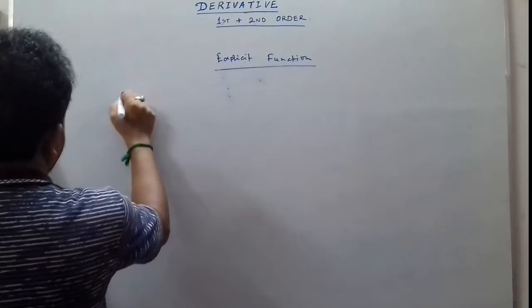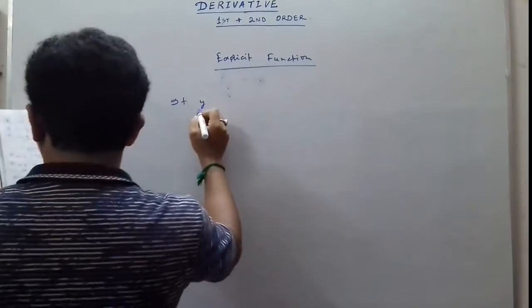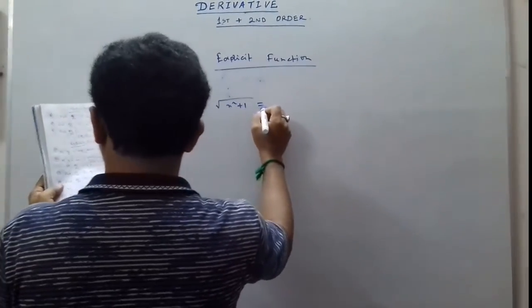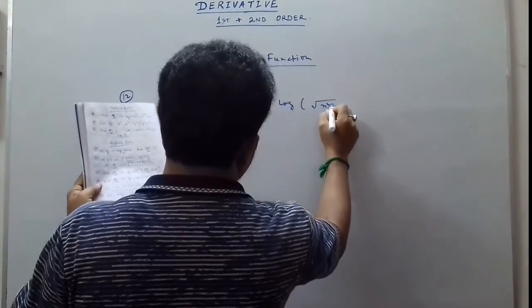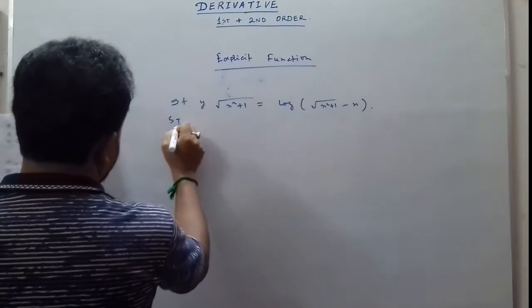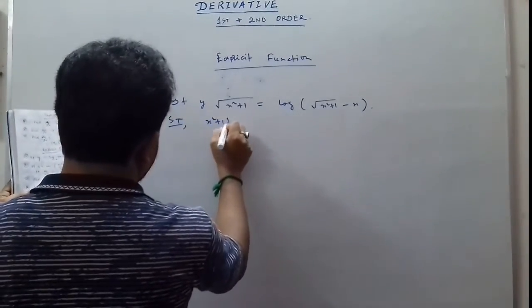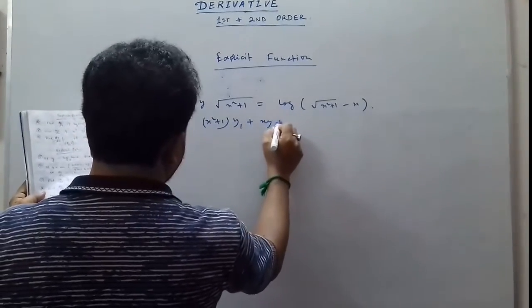If y into root over x square plus 1 is equal to logarithm of (root over x square plus 1 minus x), show that (x square plus 1) into y1 plus xy plus 1 is equal to 0.